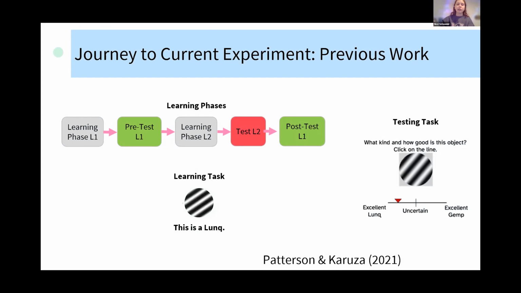After considering using active learning, or information we select, to explore the category boundaries within these two artificial languages, we decided that passive learning, or information that is received, was a better way to conduct the experiment in an online format, as it allowed us to streamline data collection.